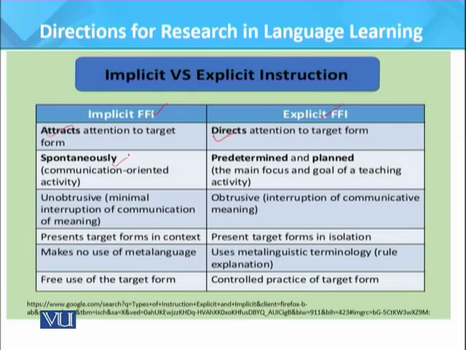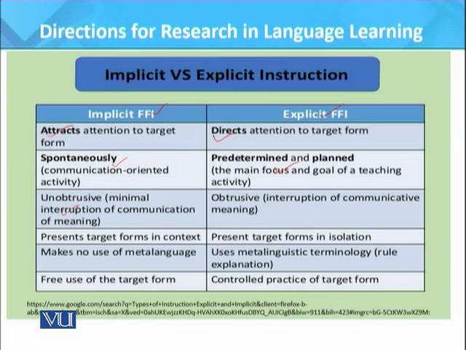The implicit is spontaneous, meaning communication-oriented activity, acquired automatically. The explicit is predetermined and planned: the main focus and goals of the teaching activity are determined, and planning is done to provide explicit focus on form instruction.